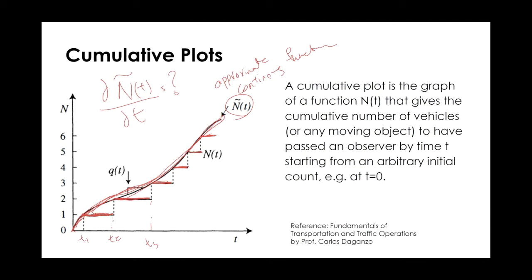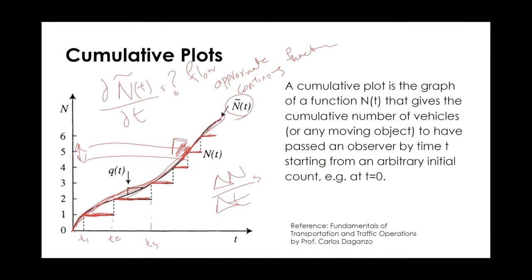What is the slope of the cumulative plot? What does it represent? It actually represents a flow, right? Because the slope of the line, let's look at the instantaneous slope. What is it? It is delta n over delta t, right?